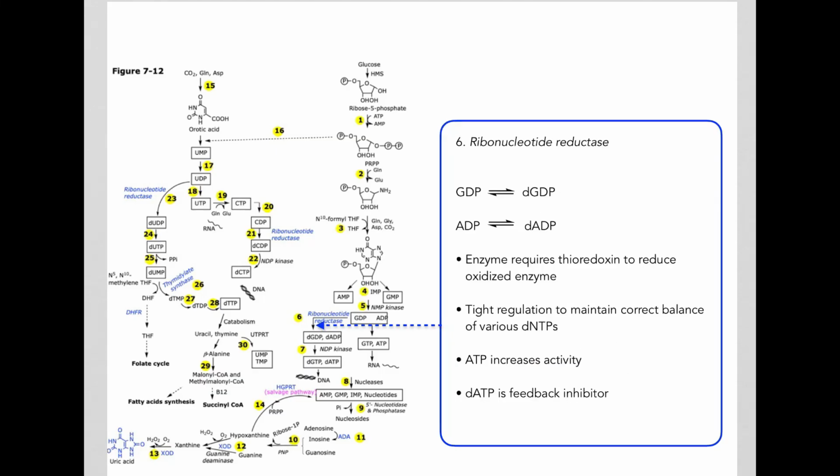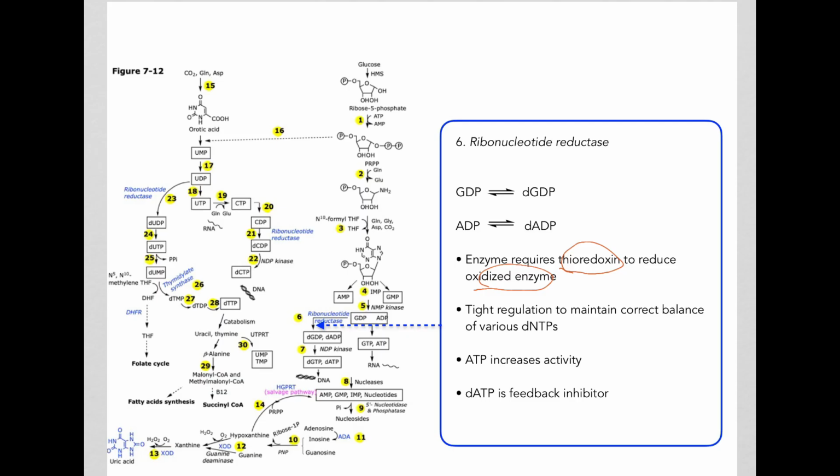In the next step, the enzyme ribonucleotide reductase will convert the GDP into the deoxy form, deoxy-GDP, and the ADP into deoxy-ADP. Ribonucleotide reductase requires the protein thioredoxin to reduce the enzyme that becomes oxidized when it catalyzes this reaction.